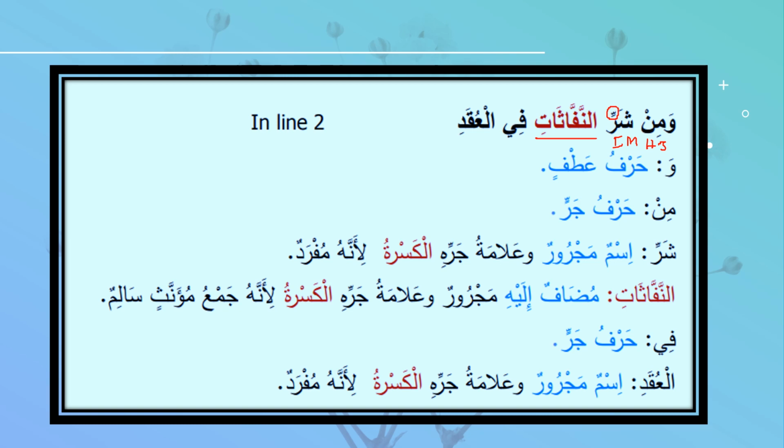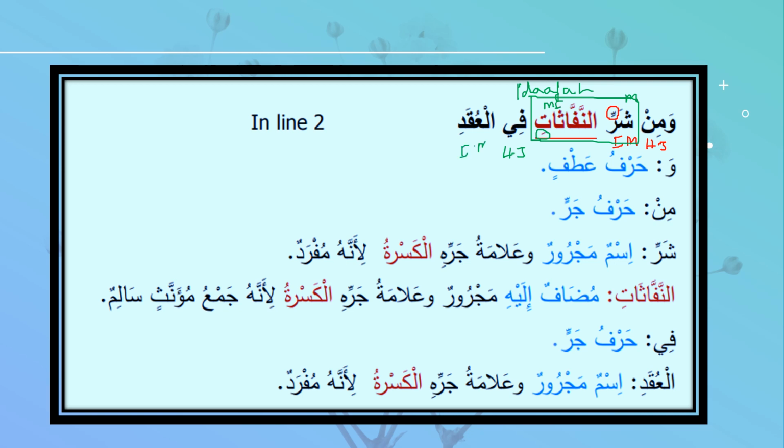Sharrin nafathati is an idafa. So nafathat comes after this noun. So this is the mudaf and this is in mudaf ilayh position. And since this is a jama muannas in mudaf ilayh position, it's in jar position with the kasra here. Fi harf jar. And then al uqad. Uqad means the knot. So it's majroor.